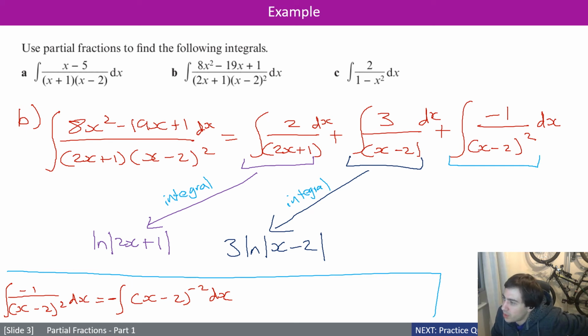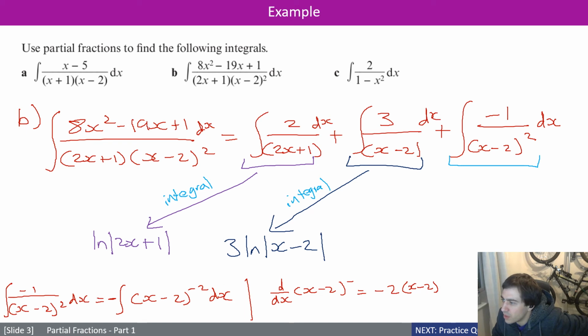Add 1 to the power, differentiate, and see what we get. So let's try it. What's the derivative of x minus 2 to the minus 2? Let's forget about the minus 1 for a moment, because we're just trying it out. We get minus 2 times x minus 2 to the minus 1. Oh, sorry, I wanted to differentiate the minus 1 version, didn't I?